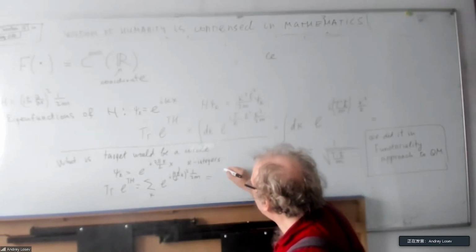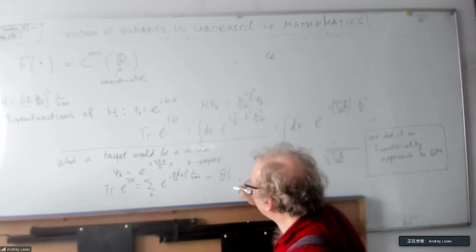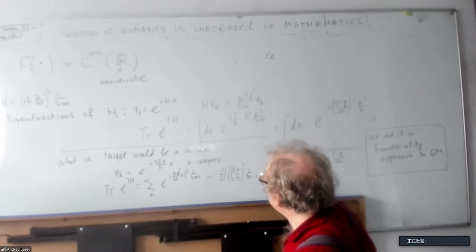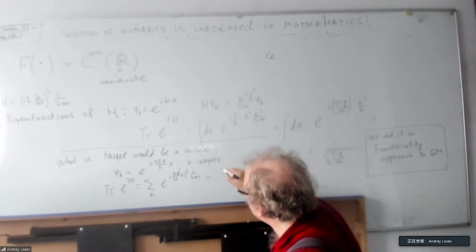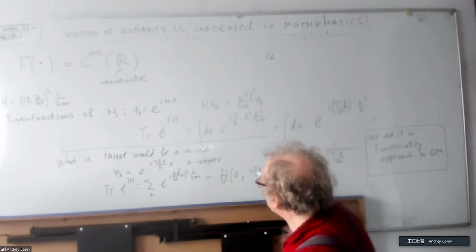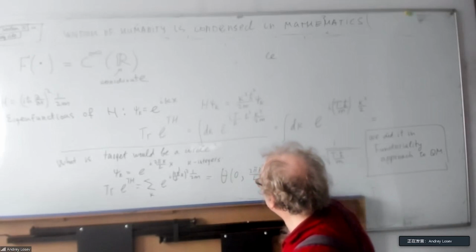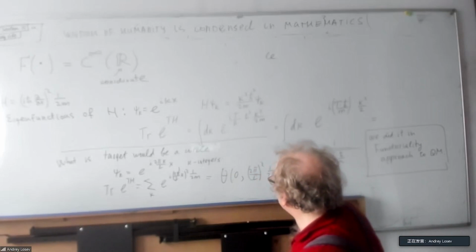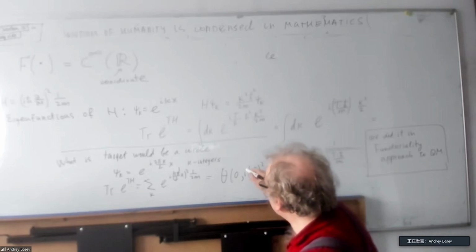This is the theta function of the period matrix that is 2 pi L squared over 2m. Okay, people write the differences. It's the theta function of 0 and 2 pi L squared over 2m and probably i.